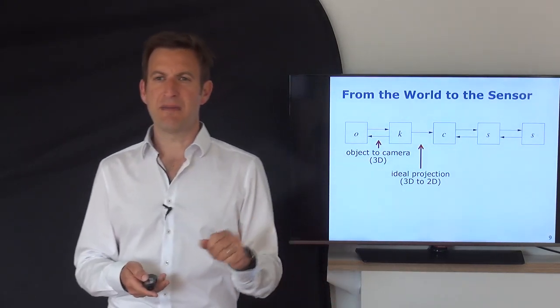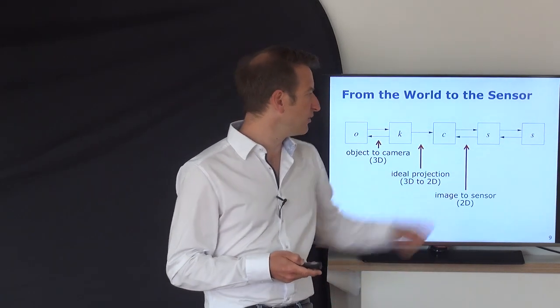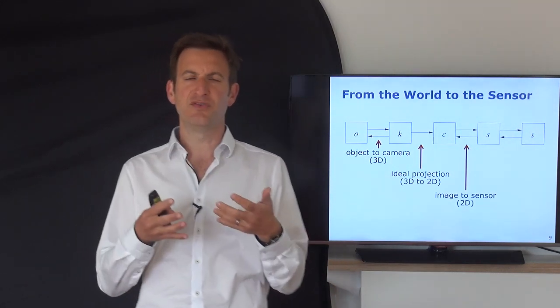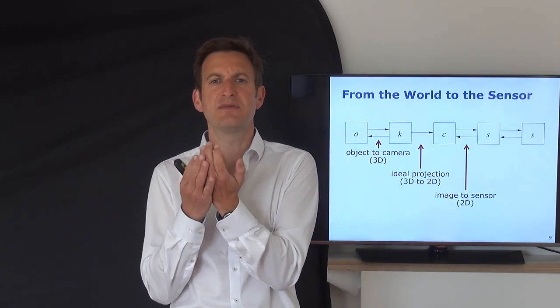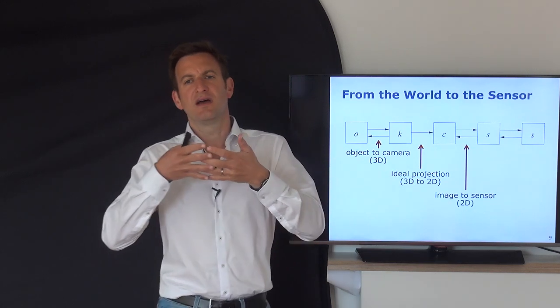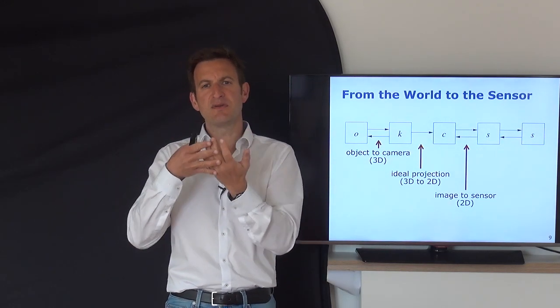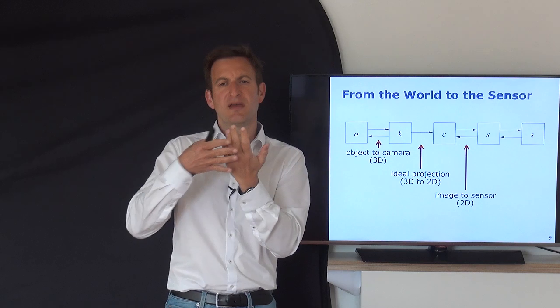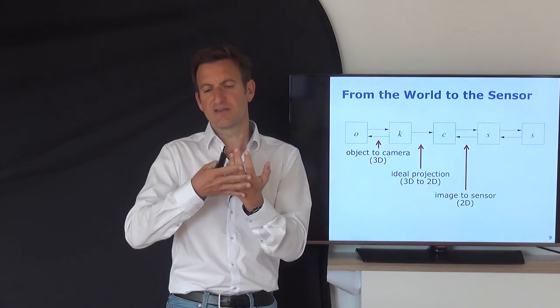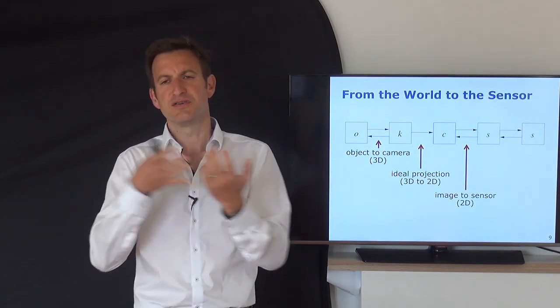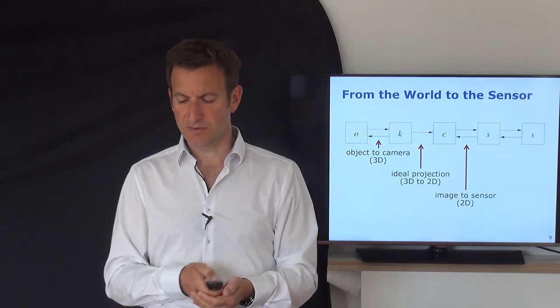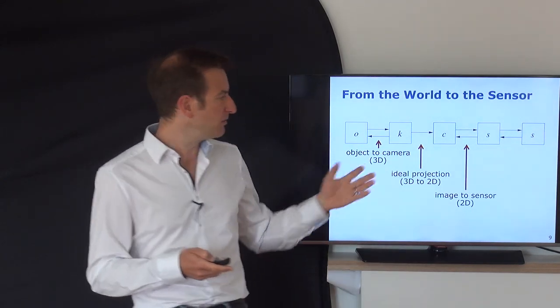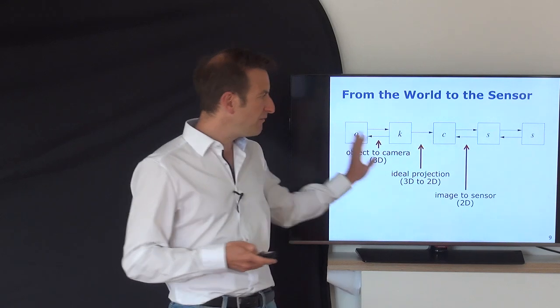Then we have a mapping from the image plane coordinate system to the sensor coordinate system, and this now happens in 2D. We are inside our camera in the image plane, and we see how the image coordinate system is shifted with respect to the sensor coordinate system. This is typically our linear model that we have over here.